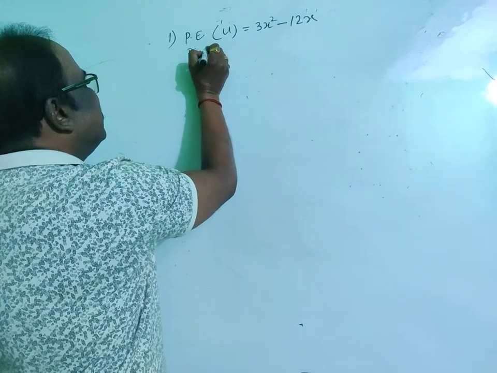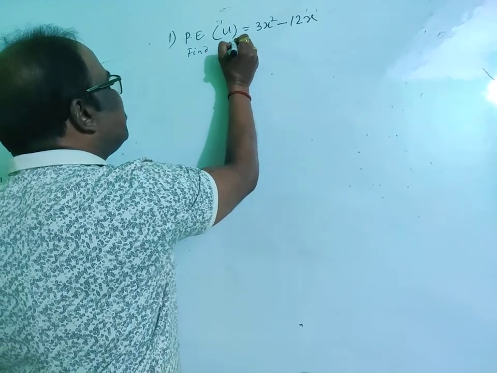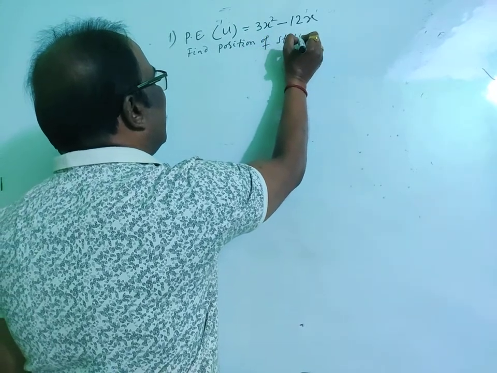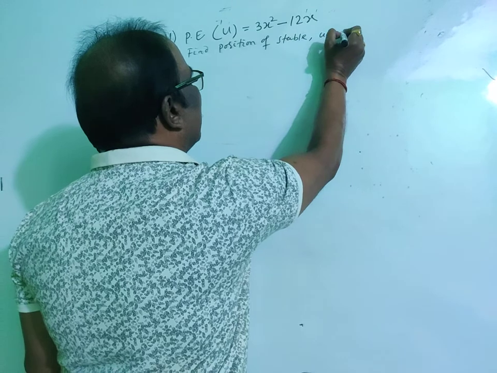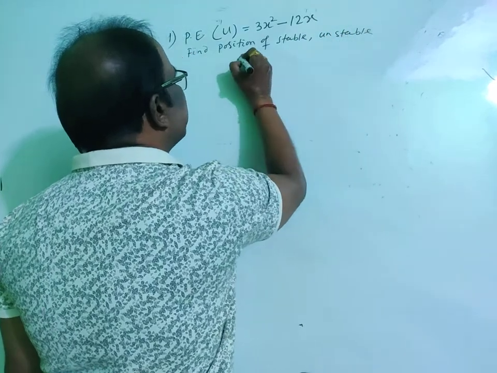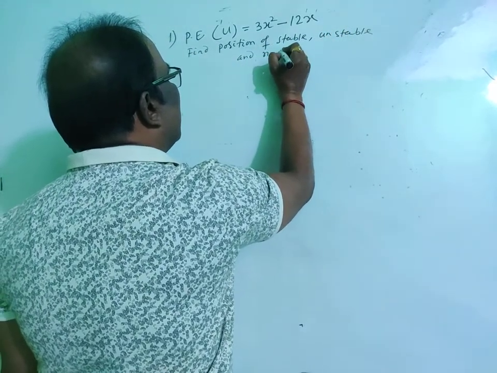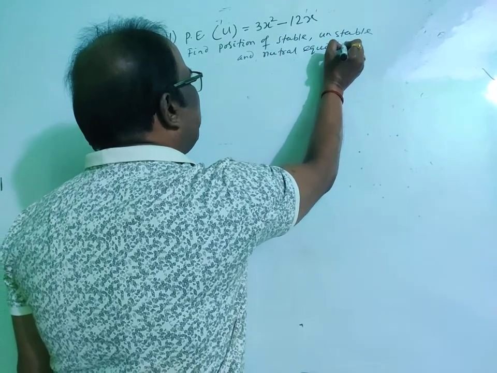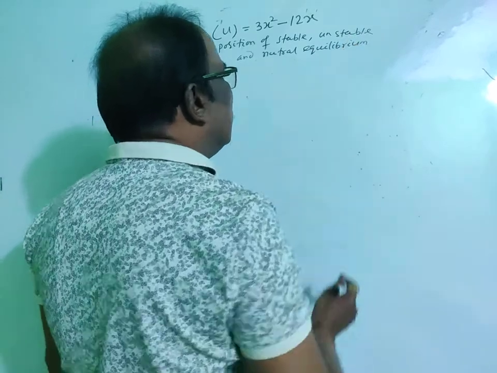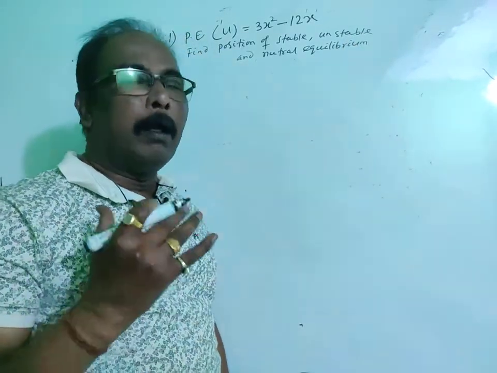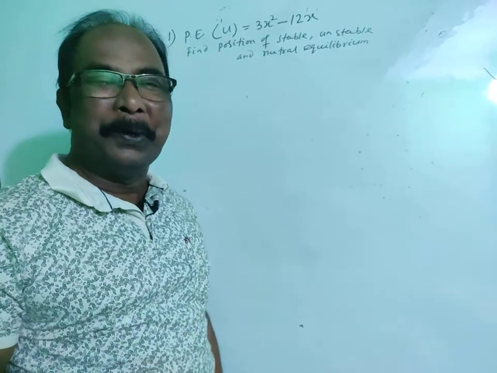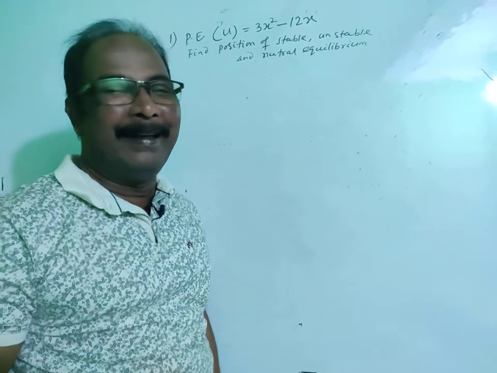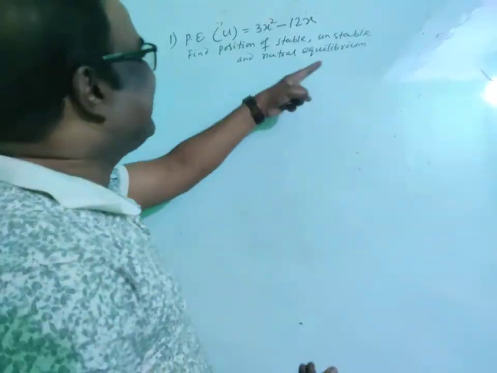Find the position of stable, unstable, and neutral equilibrium. We'll see what type of equilibrium we can achieve, stable or unstable or neutral, and accordingly we'll show the position. Is it clear? Okay, very good. This is your question.